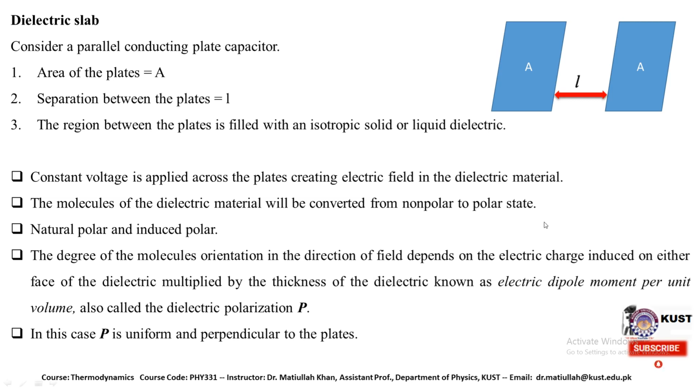So if we see the direction of the polarization, then it is always uniform and it is perpendicular. Here in this case it will be perpendicular to the plates, so it means the angle between them is equal to 90 degrees.